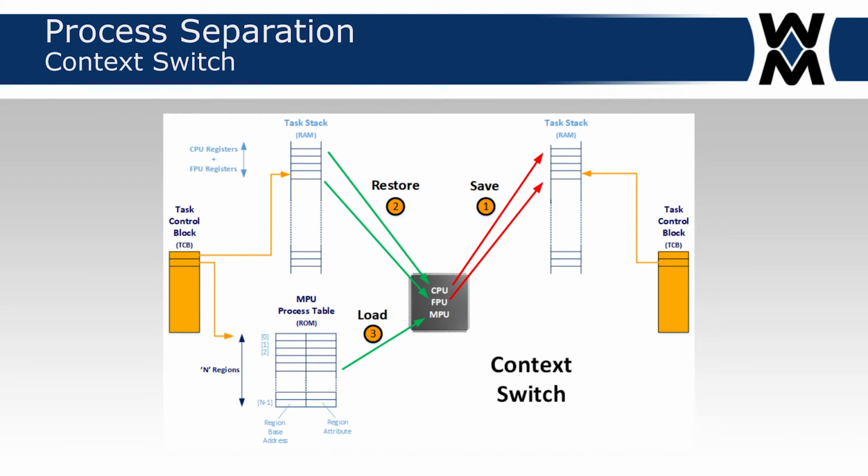There's no point creating this process table in RAM because it's subject to potentially being tampered with or having problems associated with that. So typically you do that in ROM. There's no need to save anything because it just gets pulled in from the process table associated with that task. Each task has its own process table.